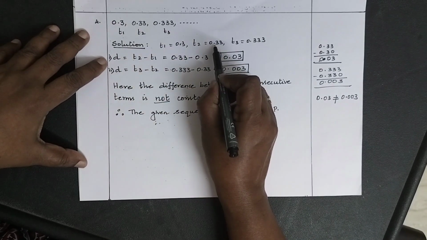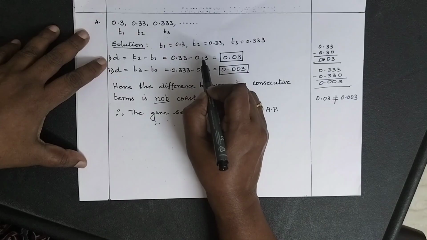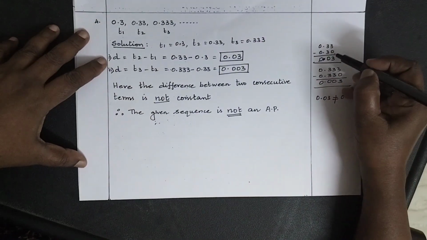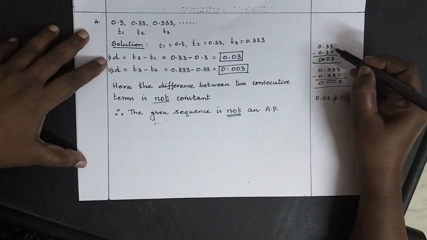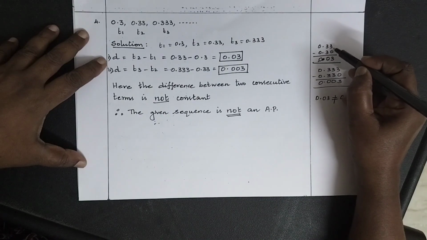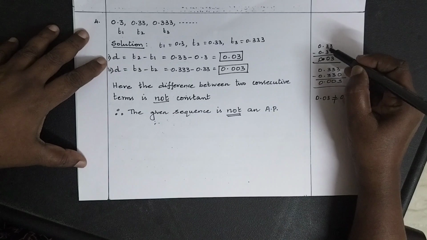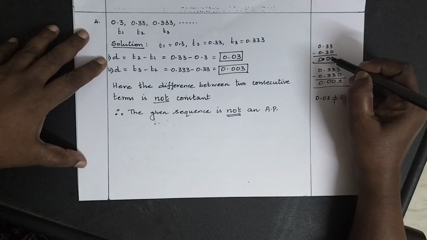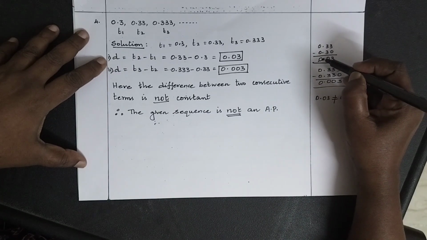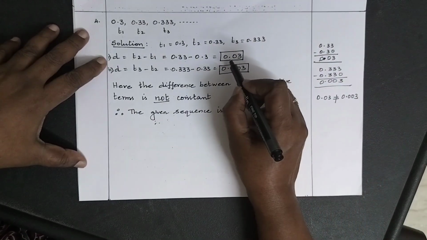T2 is 0.33 and T1 is 0.3. Subtract: 0.33 minus 0.3. There is no digit in the second place, so put 0 and subtract. 3 minus 0 is 3, 3 minus 3 is 0. Put the decimal point and 0. So 0.03.